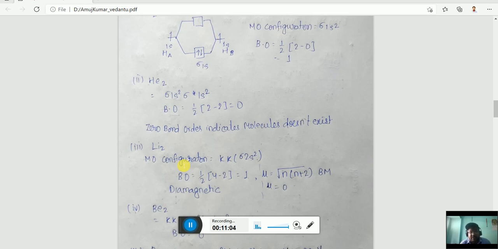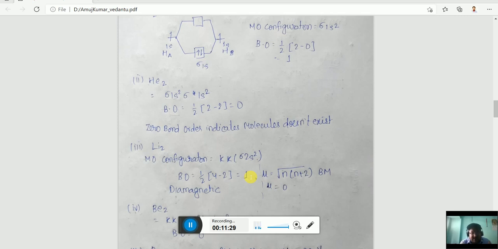One most important point, they will also ask for magnetic nature, diamagnetic or paramagnetic. For this, you will use the formula mu equal to root under n into n plus 2, and you will calculate the number of unpaired electrons. Here in this case, lithium Li2 plus, there is no unpaired electron, meaning these are diamagnetic.